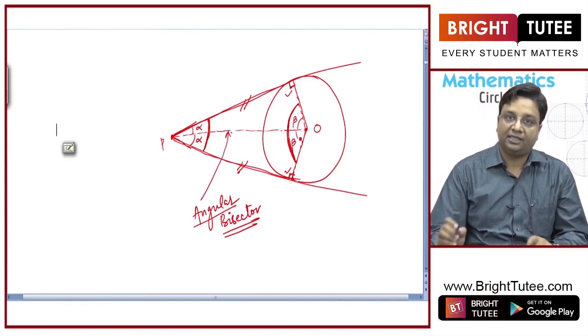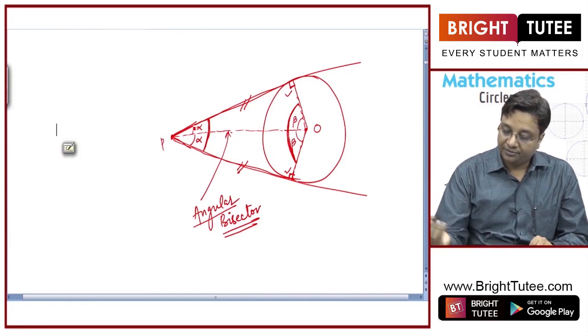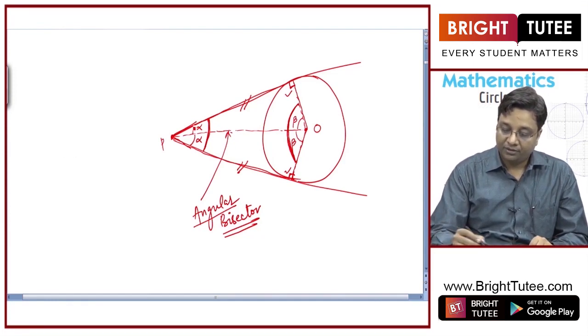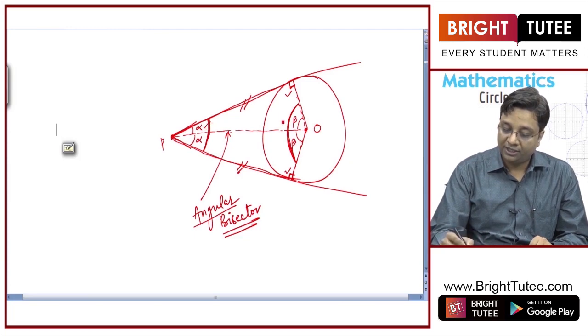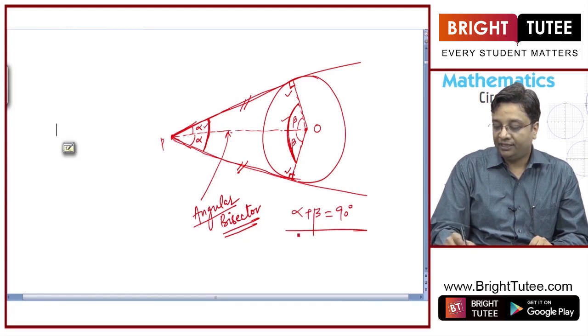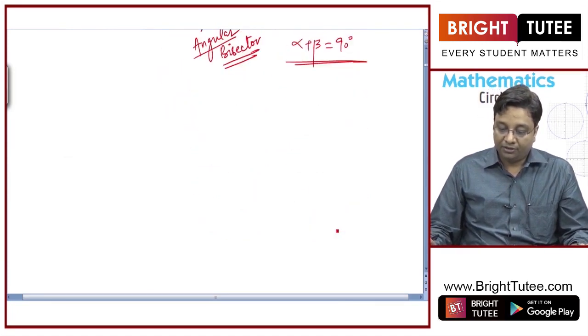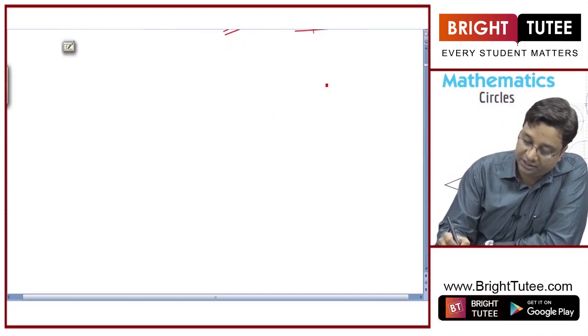So these two angles are supplementary. Another result that we could find out was that alpha plus beta is equal to 90 degrees. So these are the results that we could draw from this discussion.